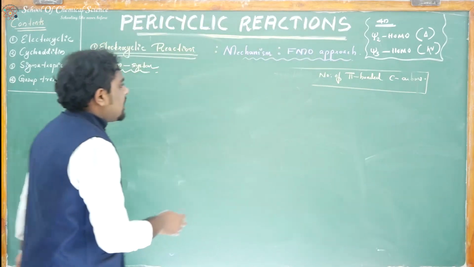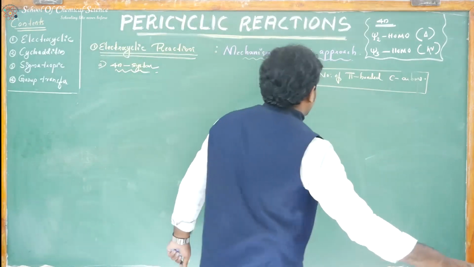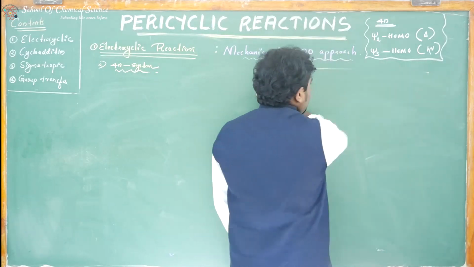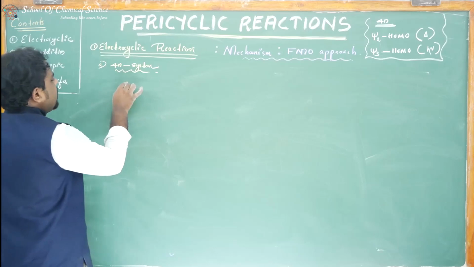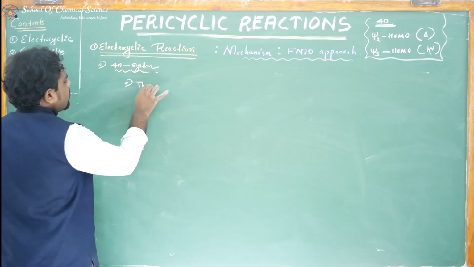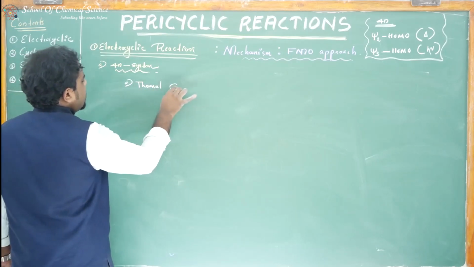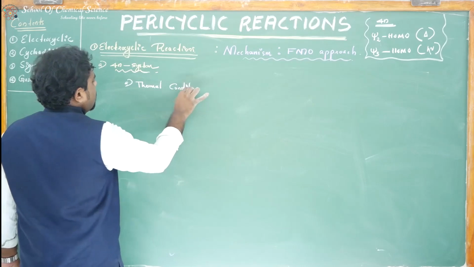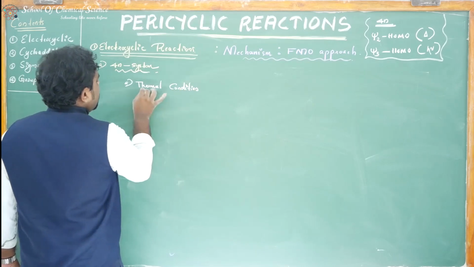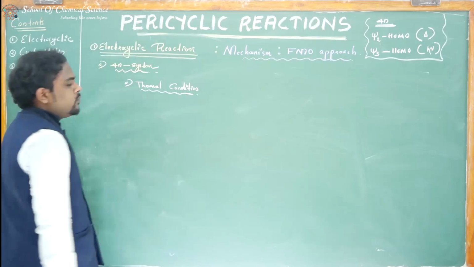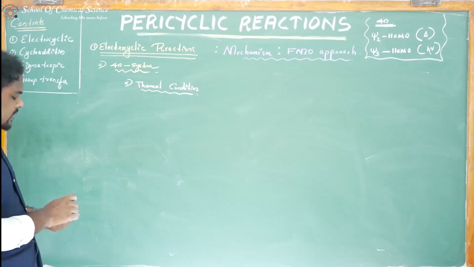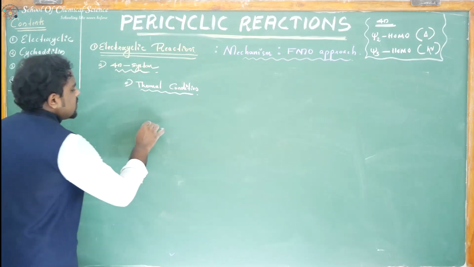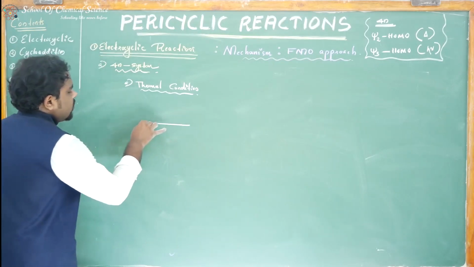So first one, thermal condition. Explain the HOMO in thermal condition. In thermal condition, the HOMO is psi 2.